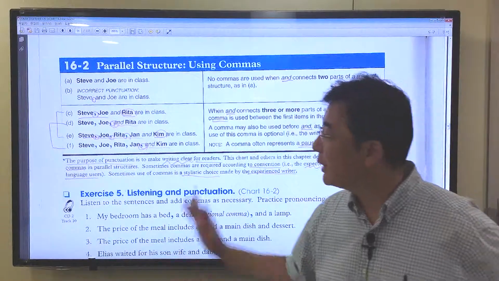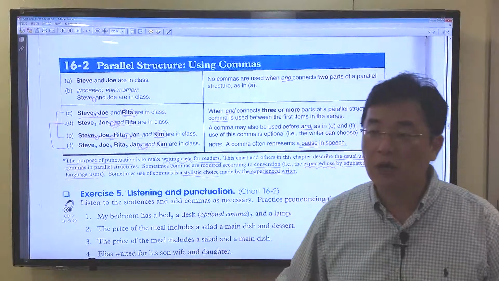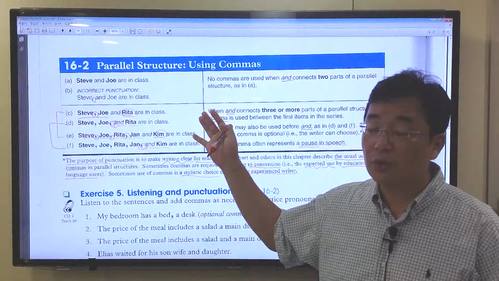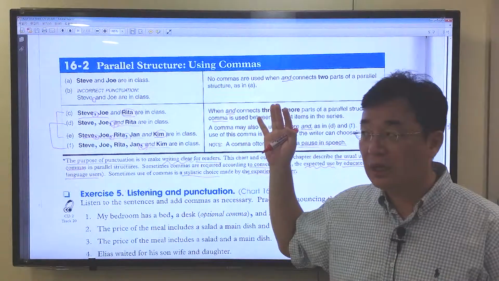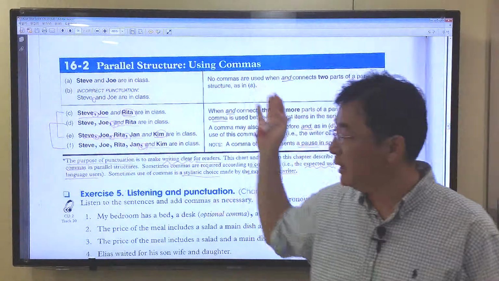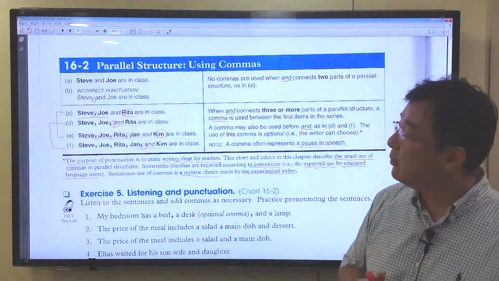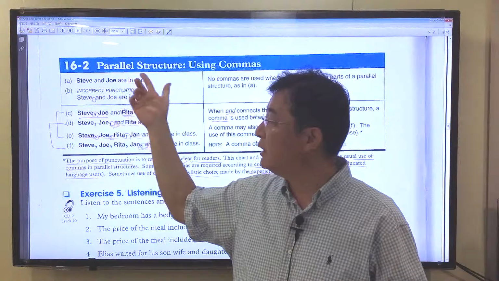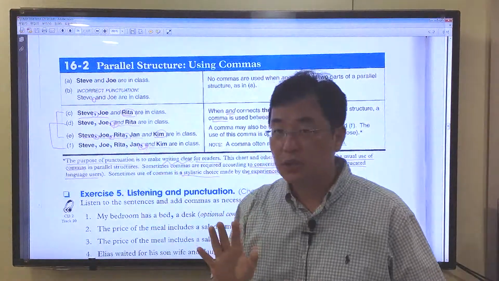However, since you are a learner of English as a second language, you should understand that this is the rule you can confidently go by. You can follow it like this too, so don't think too much. When you connect two parts in a parallel structure, you are not supposed to use any commas.